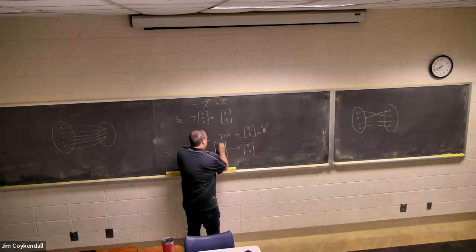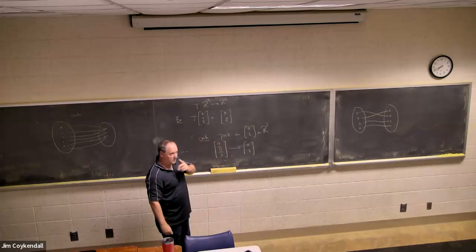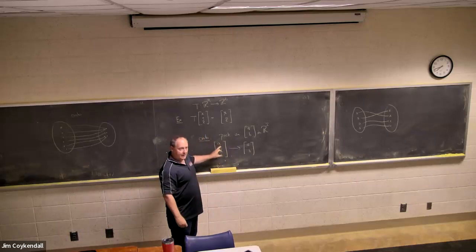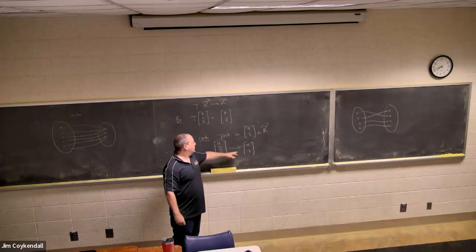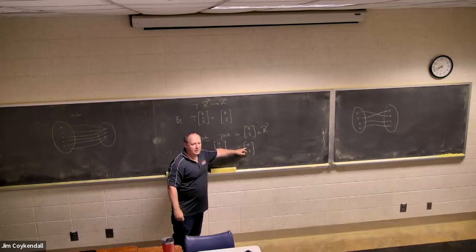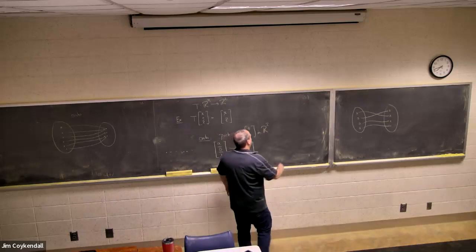We're close. Everybody agree with that? The choice of zero, does that matter? You could have picked any. This is onto, every possible thing is covered. It's not one-to-one, right?